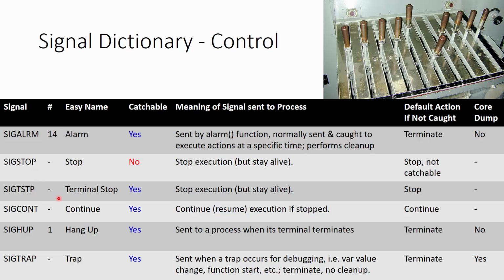Now, the one that is sent when you hit Control-Z on your keyboard is actually sigtstp, terminal stop. So that one is the one that's mapped to Control-Z on your keyboard. If you want to send a sigstop, you'd have to manually do that with the kill command in bash. But as you can see, it's a much more powerful command. It can't be caught.